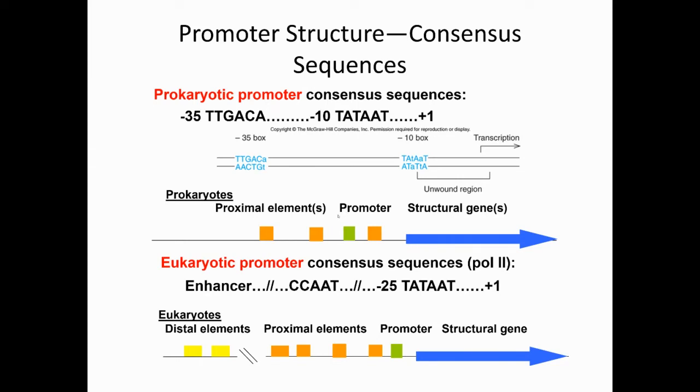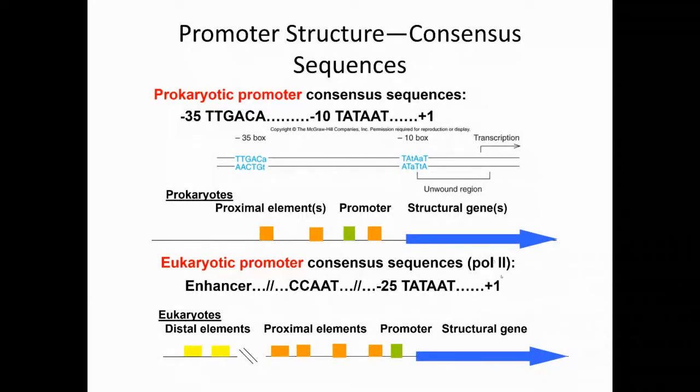In the eukaryotic cell, as we will discuss later, there are 3 different types of RNA polymerase, and each type has a different type of promoter. But RNA polymerase 2 is the one responsible for messenger RNA synthesis.